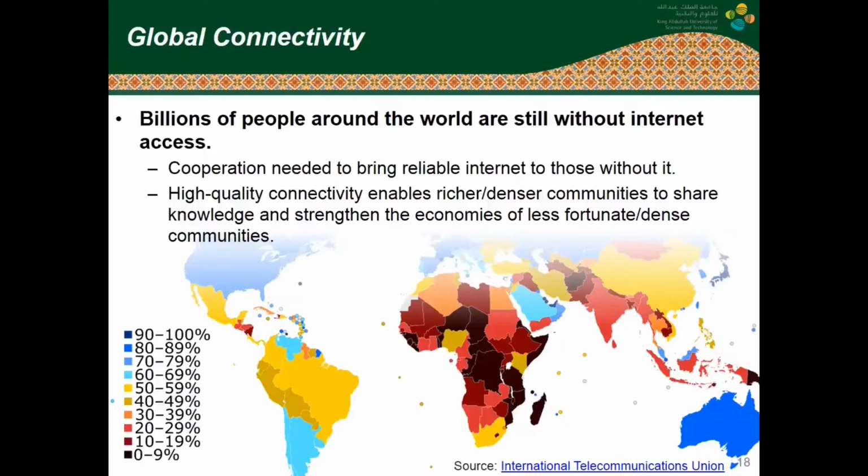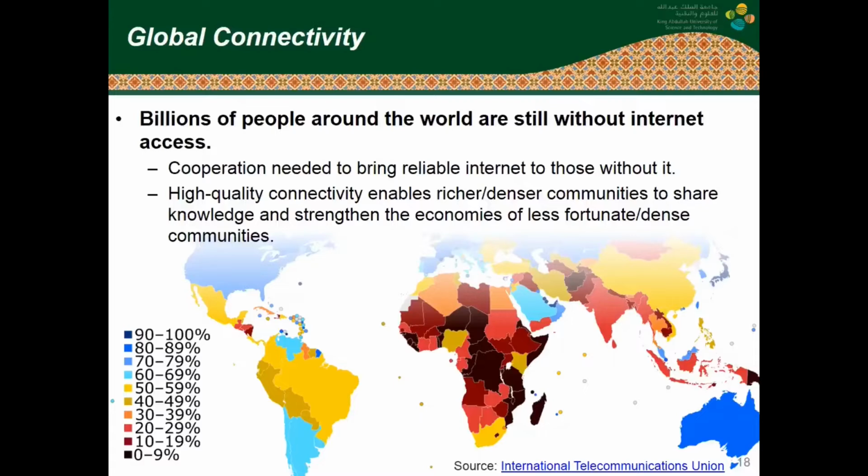Of course, there are some other reasons, like the fact that we tend to forget that if you want to have an up and running communication network, you need to rely on an underlying power grid.